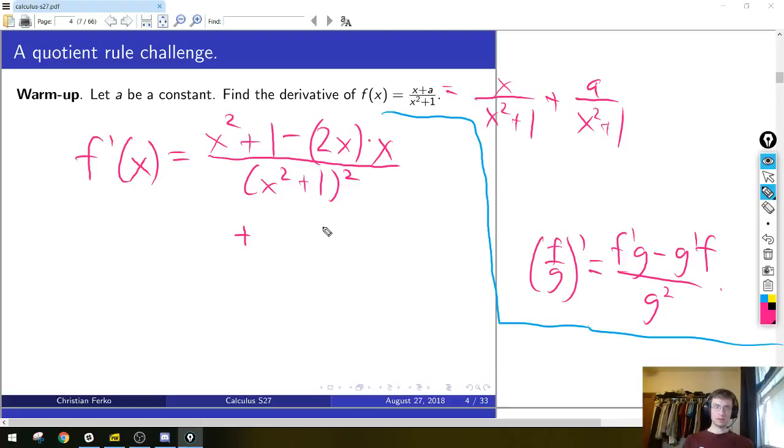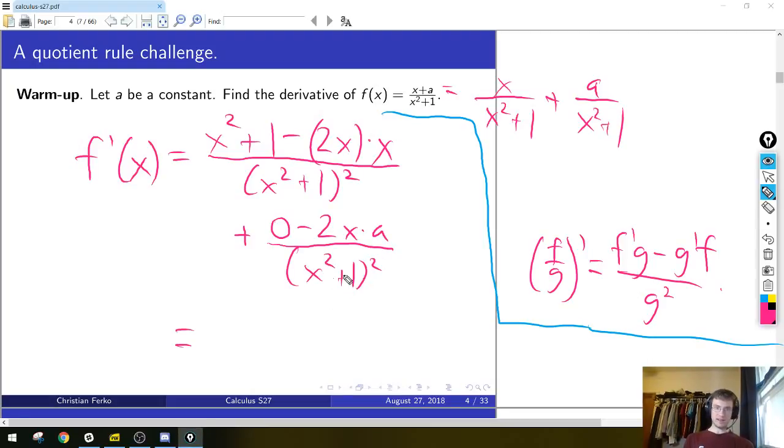So it's 0. So the first is 0, and then minus the other thing, 2x times a. That's still all over x squared plus 1 quantity squared.